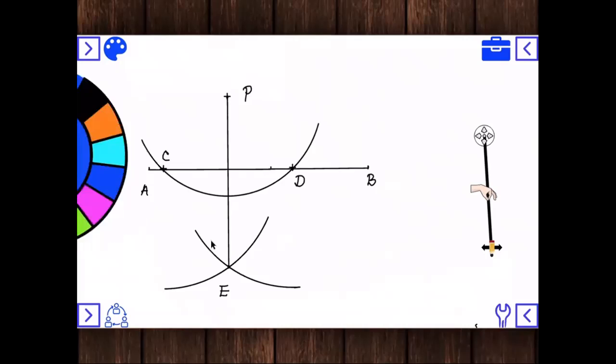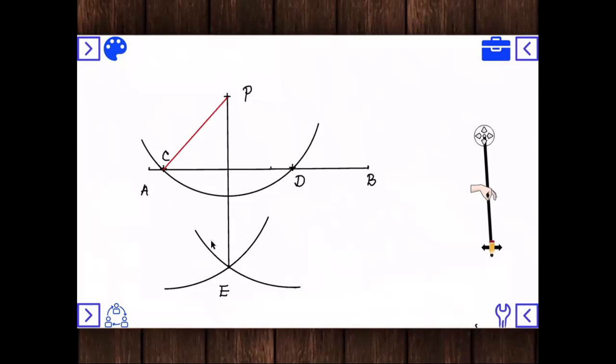So now, like I said, it's very important to construct congruent triangles when we deal with straight edge and compass construction. Okay, so let's try to join all the points and form some triangles.